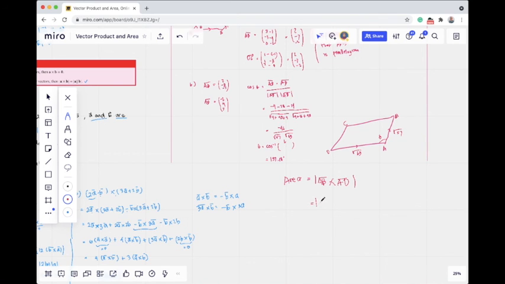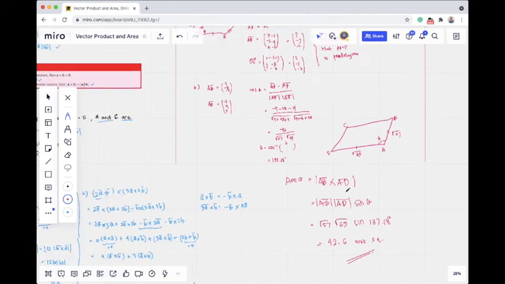Or the magnitude of AB times the magnitude of AD sine theta, or square root of 57 times square root of 69 times sine 137.18, which is 42.6 unit squared. Okay, this is a very long process.